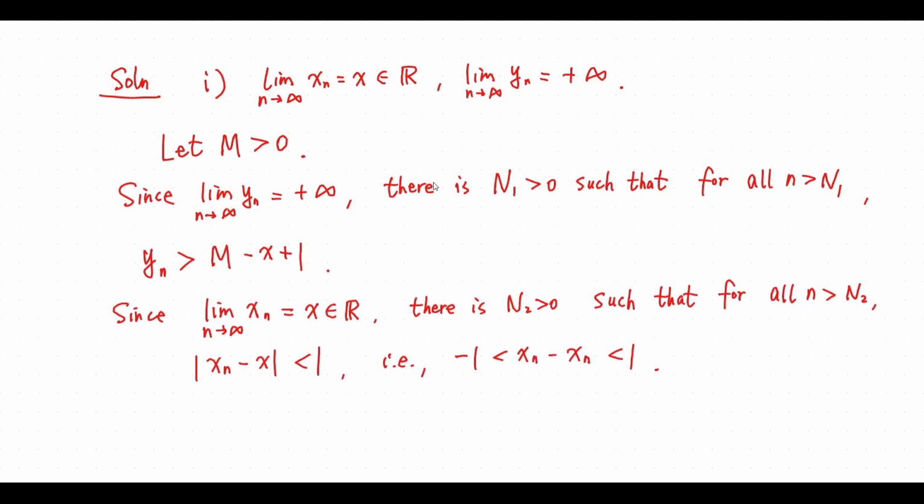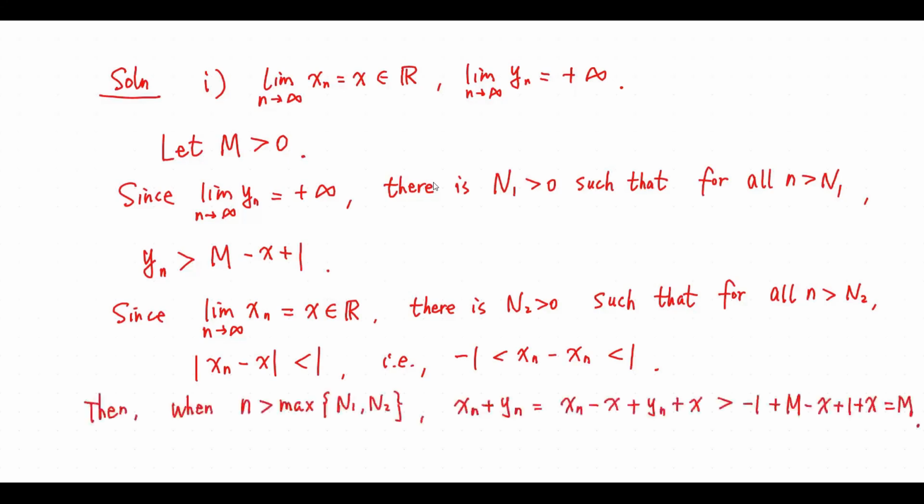Since limit xn equals x, there is n2 greater than 0, such that for all n greater than n2, we have this inequality. Then, when n is greater than the maximum of n1 and n2, xn plus yn is greater than m. This implies the limit xn plus yn equals infinity.